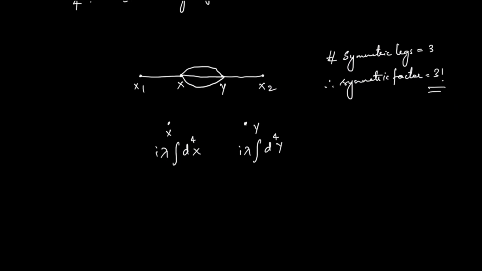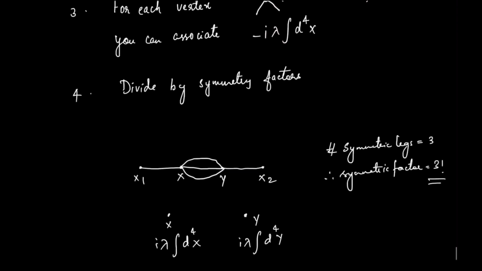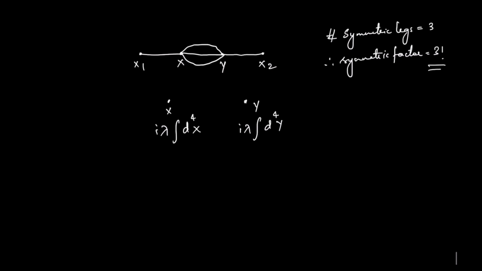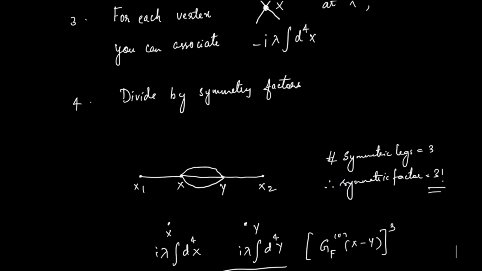And for each propagator, we associate the Feynman function G_F0. There are 3 propagators here, therefore I have to associate G_F0(x minus y) raised to 3. And I have to divide by the symmetric factor 3 factorial.